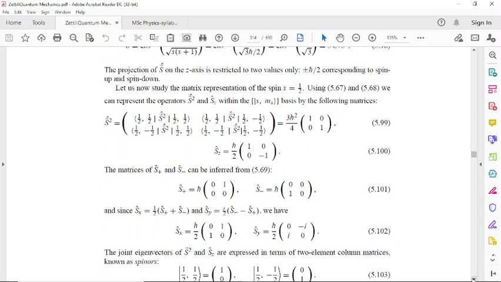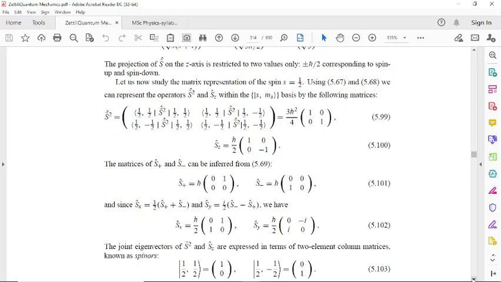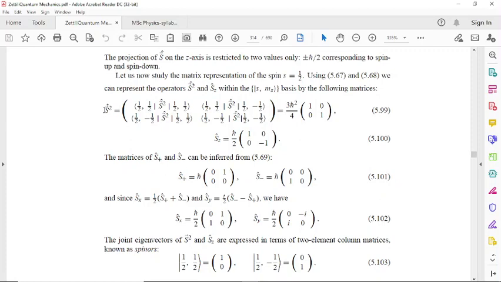Then the matrix elements are given here. For S square, it is 3 h cross square by 4 times the matrix 1 0, 0 1. Sz is equal to h cross by 2 times the matrix 1 0, 0 minus 1.